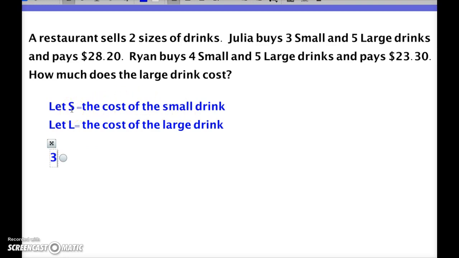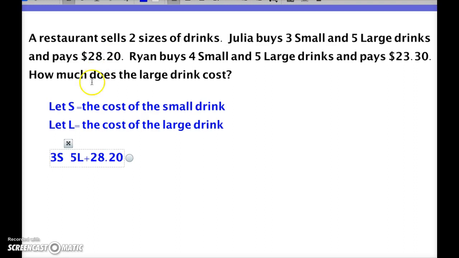So that would be 3S. And the large drink would cost her 5 times the cost of the large drink, so that would be 5L. And if I add the cost of the small drinks with the cost of the large drinks, I should get the total that she paid, or $28.20.